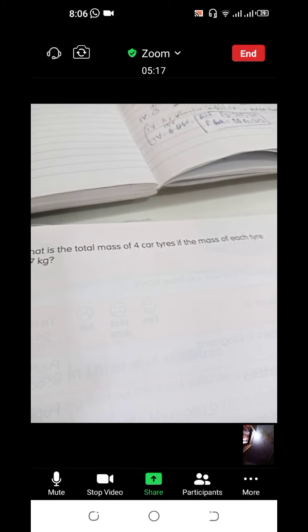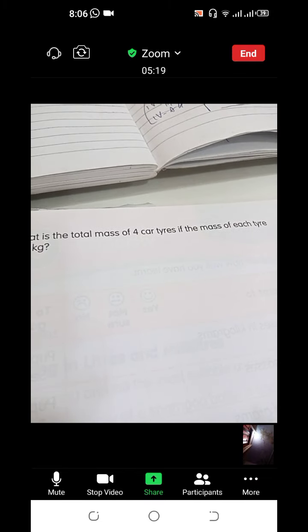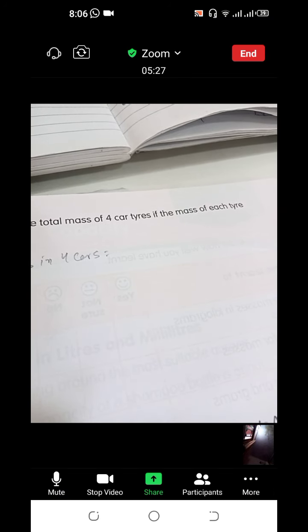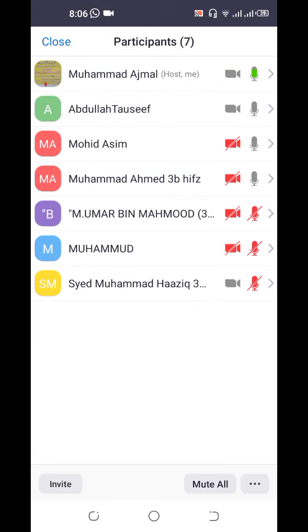Mass of the tires of four cars. Yes, how many tires will be in four cars? Okay, I select one of you, then he will answer. Yes, Umar Mahmood. How many tires will be in four cars?